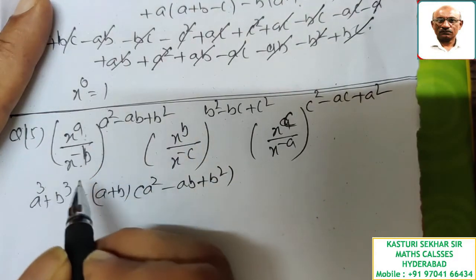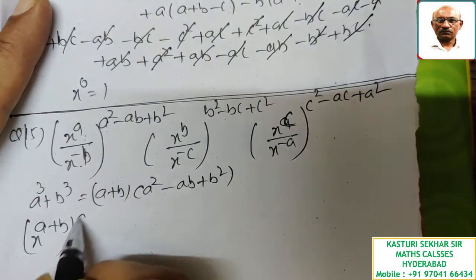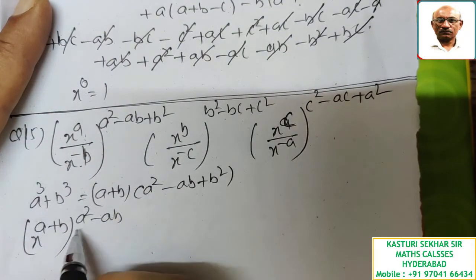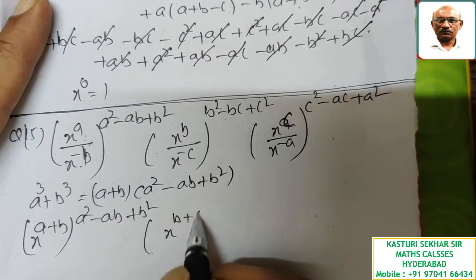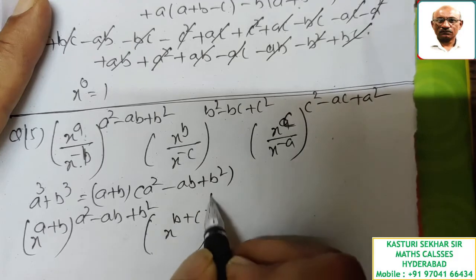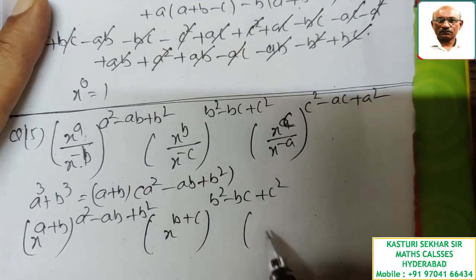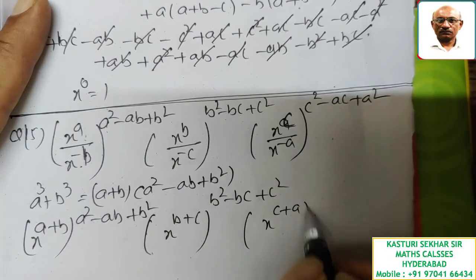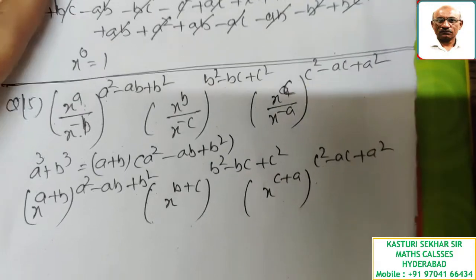So when I write these as a single term, it will become (x^(a+b))^(a²-ab+b²), (x^(b+c))^(b²-bc+c²), (x^(c+a))^(c²-ac+a²).